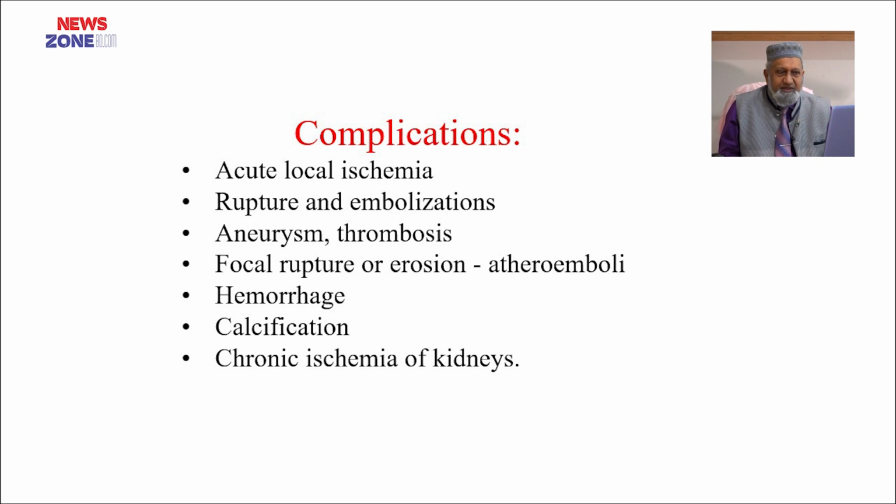What complications may arise? Acute local ischemia, meaning decreased oxygen supply to the dependent vessels, rupture and embolization, aneurysm and thrombosis, focal rupture and erosion leading to atheroemboli. It may cause hemorrhage, calcification, or in chronic cases may lead to chronic ischemia of the kidneys.